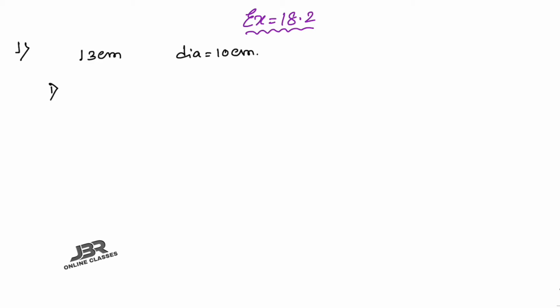So first you have to find out the length of the other diagonal. Now in a rhombus you know that all the sides are equal. So 13, 13 and 13. Suppose this one is the first diagonal and this one is the second diagonal. Always remember that in a rhombus, the two diagonals bisect each other perpendicularly.